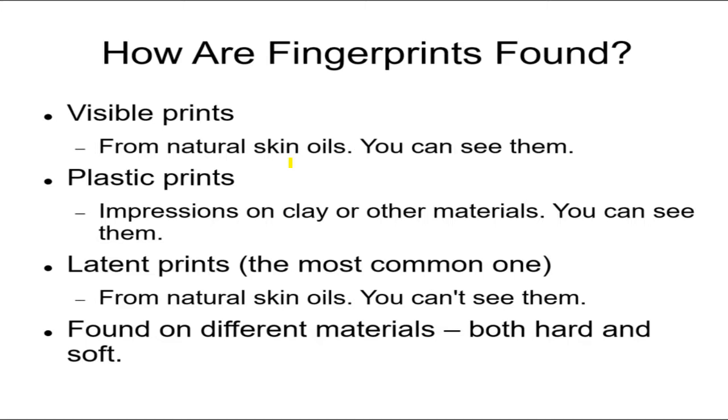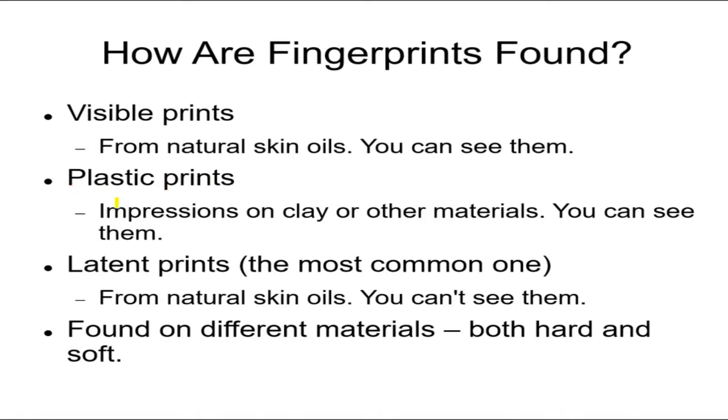So you can see these. These are easy enough to lift off. You take a piece of cellophane tape, you put it on top, and you lift the cellophane tape, and the fingerprint is now on the cellophane tape. A better way might be to take a good picture of it as it is. But anyway, some fingerprints you can just see.